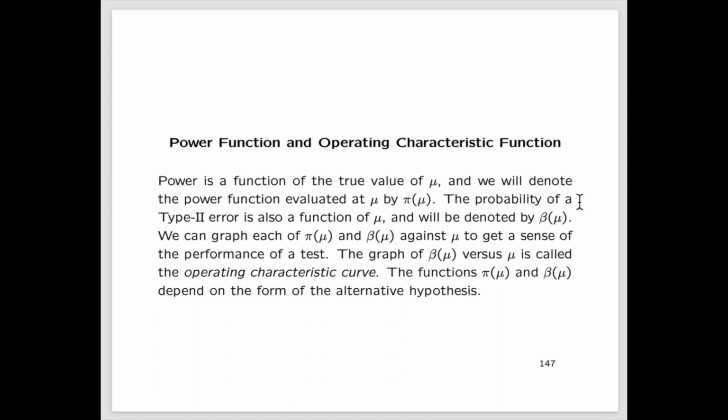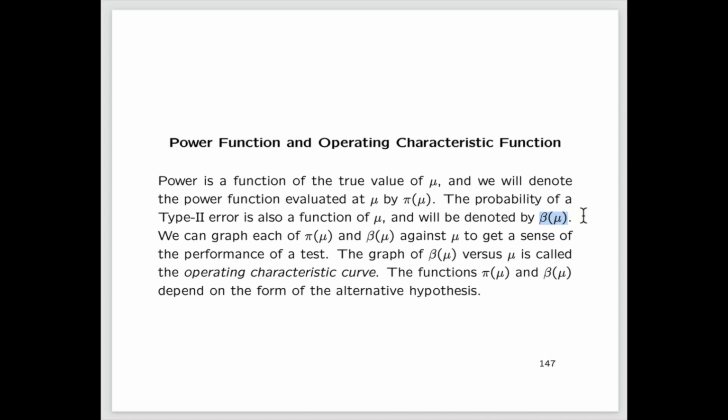Now, because power is a function of mu, the probability of a type 2 error is also a function of mu. To reflect that, we'll denote the probability of a type 2 error as beta of mu.